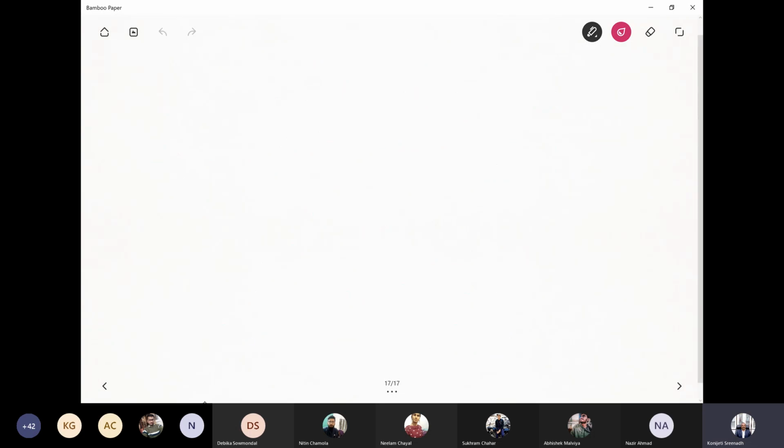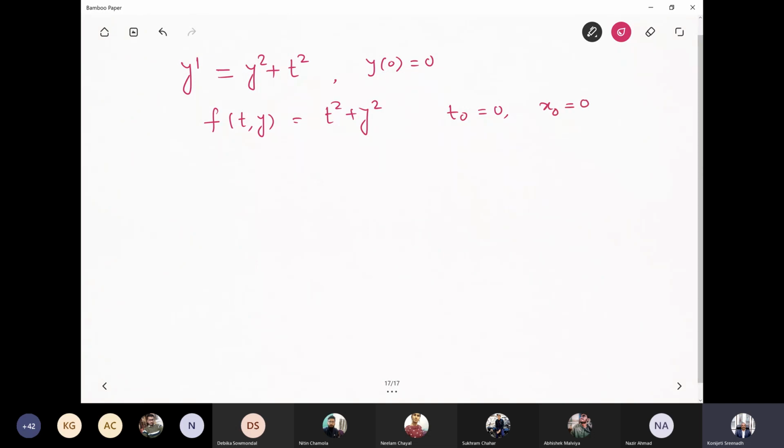For example, let me start with y prime equals y square plus t square, y at 0 equals 0. You see that in this case f of t, y equals t square plus y square, and t naught is 0 and x naught is 0.